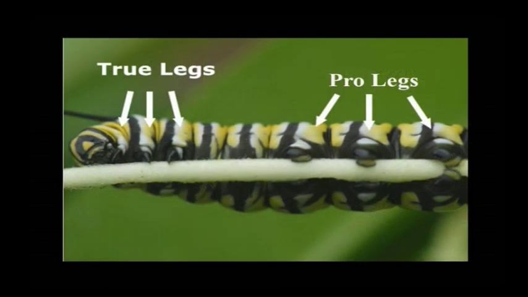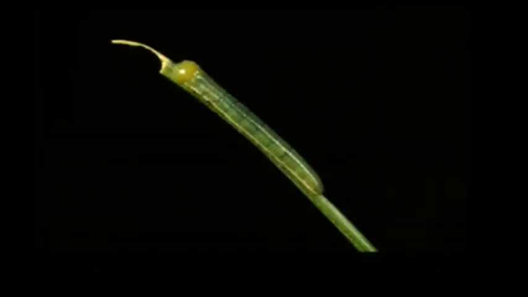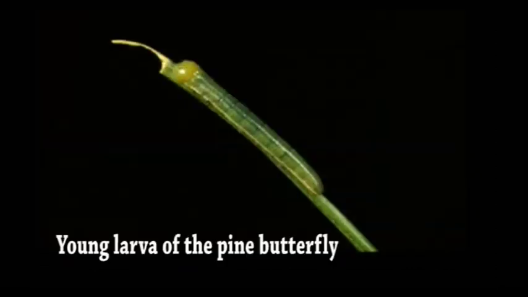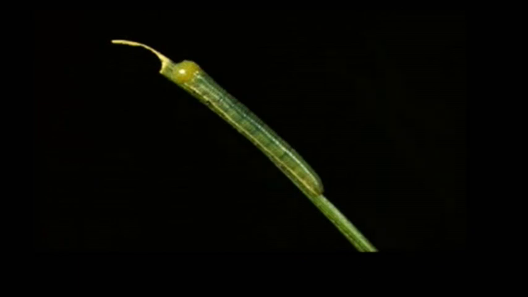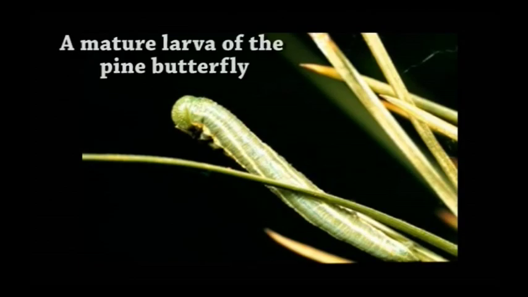Larvae do not have wings or compound eyes. They may or may not have thoracic legs, and they sometimes possess leg-like appendages called prolegs on the abdomen. Photo showing a young larva of the pine butterfly. Photo showing a mature larva of the pine butterfly.